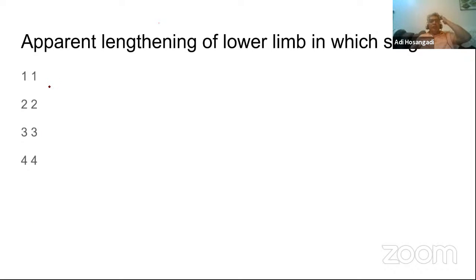Try and answer this question. Apparent lengthening of lower limb in which stage of tuberculosis? First stage. Yes, very good, Manjunath. Stage 1.